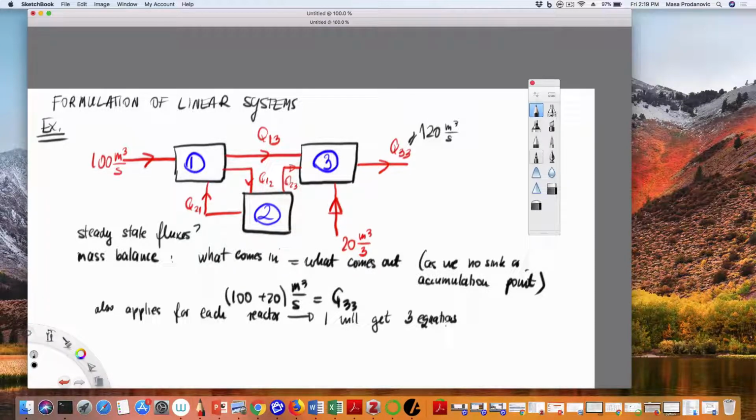So in reactor 1, whatever comes in is 100, and what else comes in? Q21. It's actually 21. We don't have a Q22. And what comes out is Q12 and Q13. So I'm just going to order them.